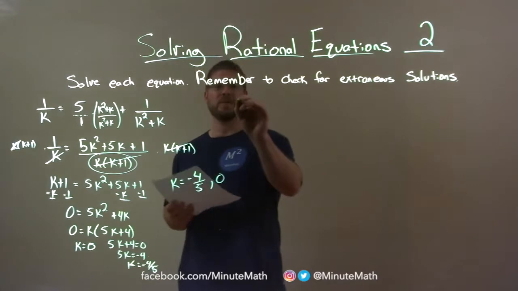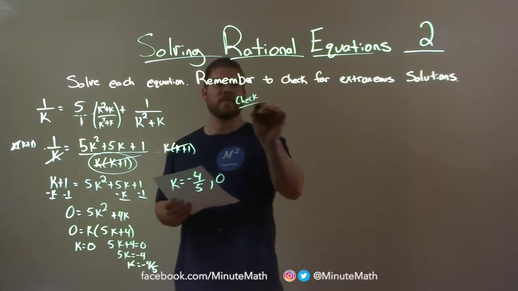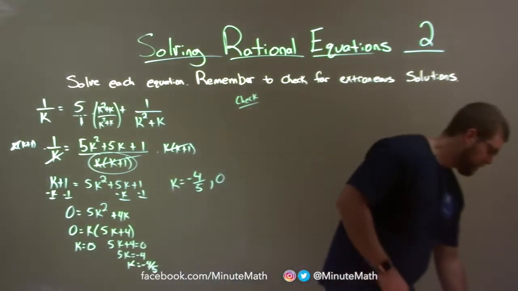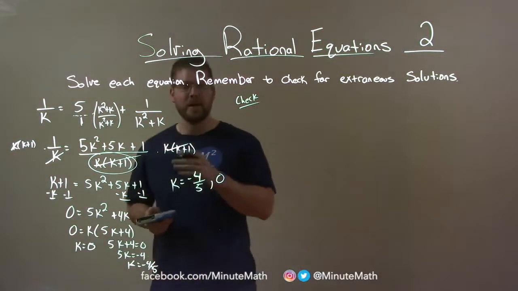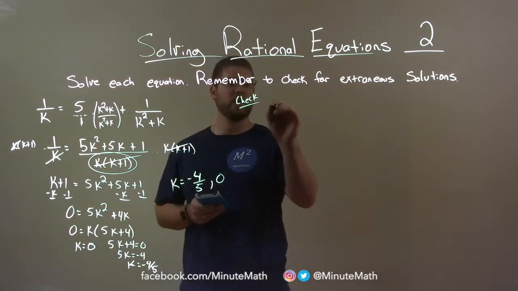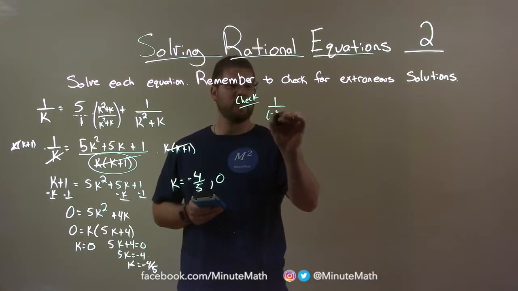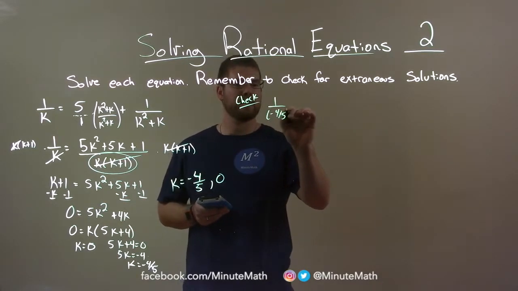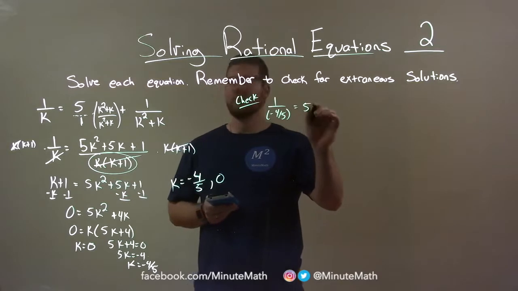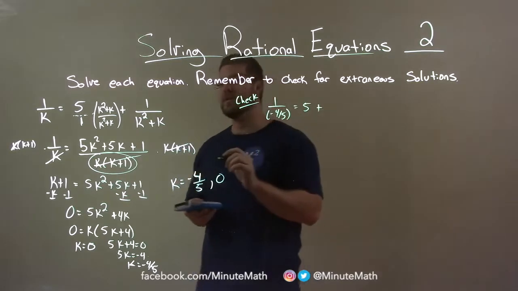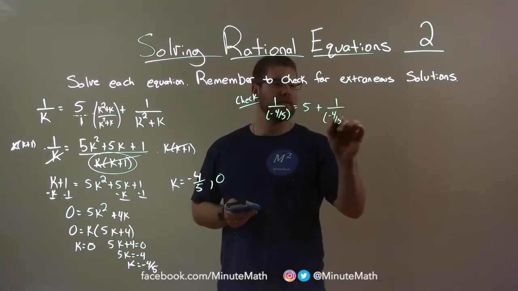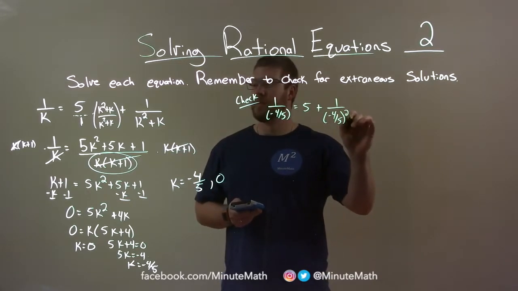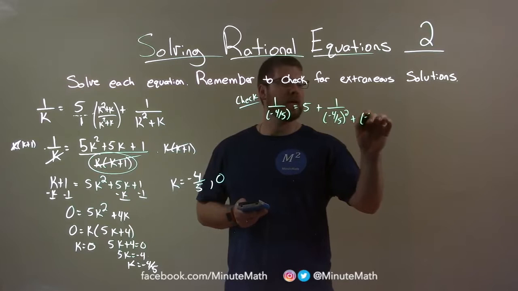and where can we go with that? So let's do our check here. Okay. Well, first thing for our check, let's go with negative 4/5. Let's put that in for our k values in our original equation. So 1 over negative 4/5 equals 5 plus, remember the original equation, 1 over negative 4/5 squared plus negative 4/5.